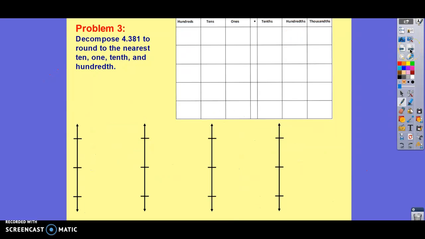Problem 3. Our number is 4 and 381 thousandths. We're going to round to the nearest 10, the nearest 1 or whole number, the nearest tenths, and the nearest hundredths.